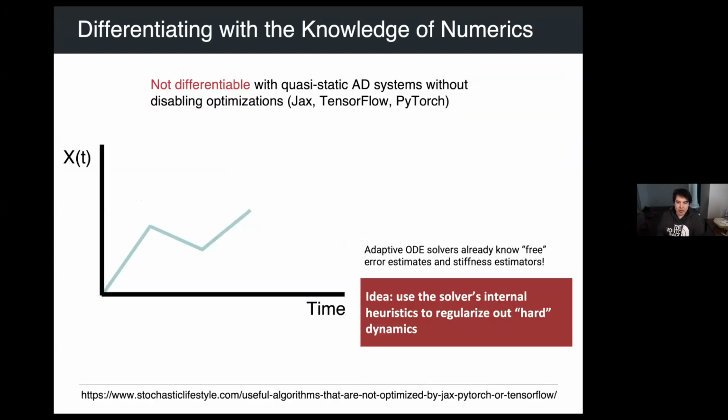And now, one of the core things is that we can differentiate with respect to the knowledge within numerical algorithms, right? If we can differentiate with respect to what's already there, there's just so much more we can discover. So if you click forward a few times, what you'll see is that a differential equation solver actually calculates two values, and the error between those two values is an error estimate.